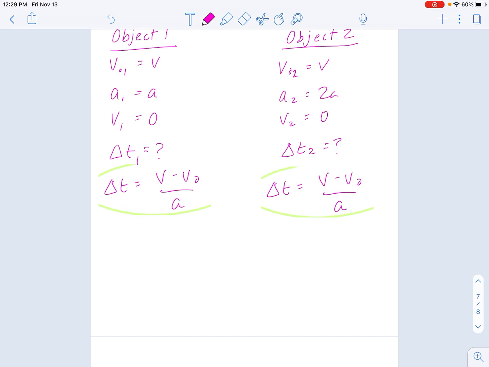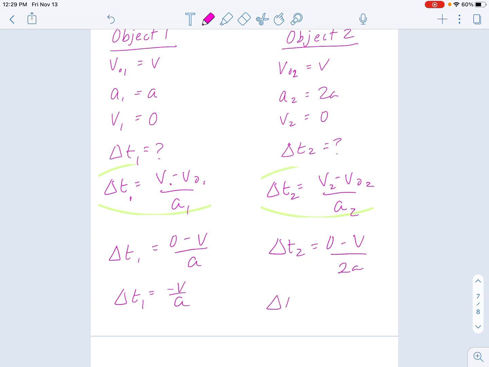So I'm trying to find T1 and T2. So I'm going to plug in what I know. T1 will be 0 minus v over a. T2 will be 0 minus v over 2a. T2 is half of T1.